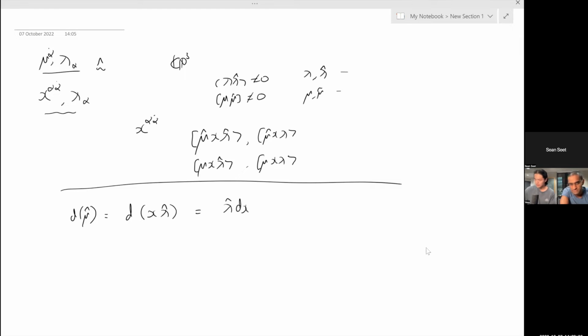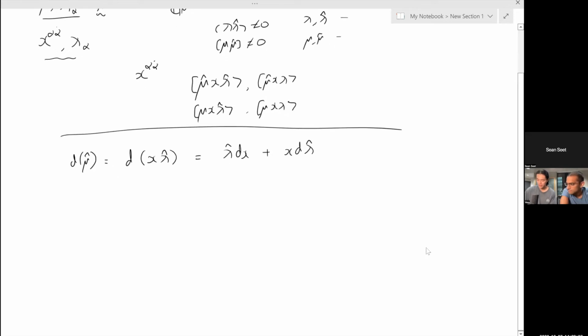Lambda hat dx plus x d lambda hat, and then the claim I was making earlier is that this basis, lambda hat squared d mu hat, the span of this, is going to be the 0,1 forms on the twistor space for Euclidean R4.